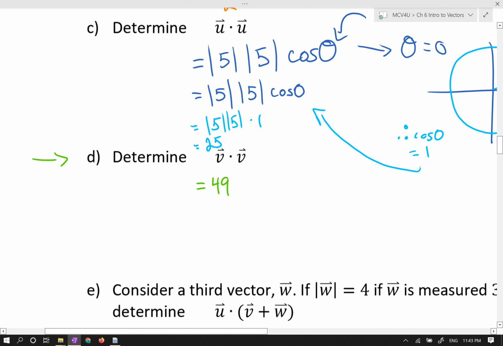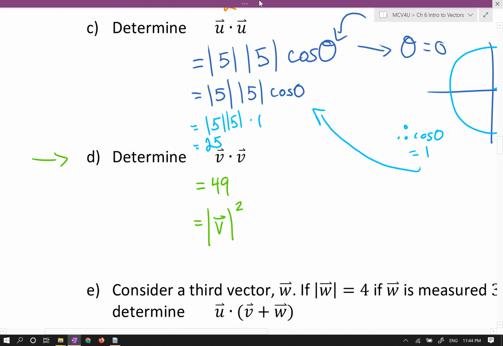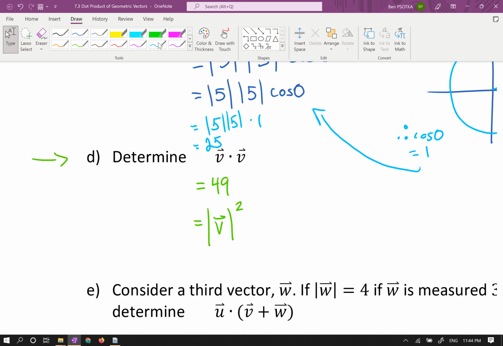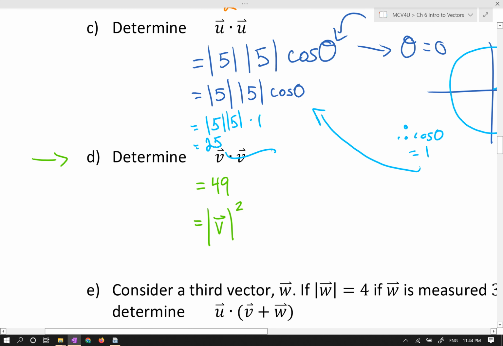Now, in fact, we might notice that this 49 and that 25 way up above, these actually have a very straightforward relation to what we were already working with, right? This is, in fact, equal to the magnitude of vector v squared. u dot u was equal to the magnitude of vector u squared.